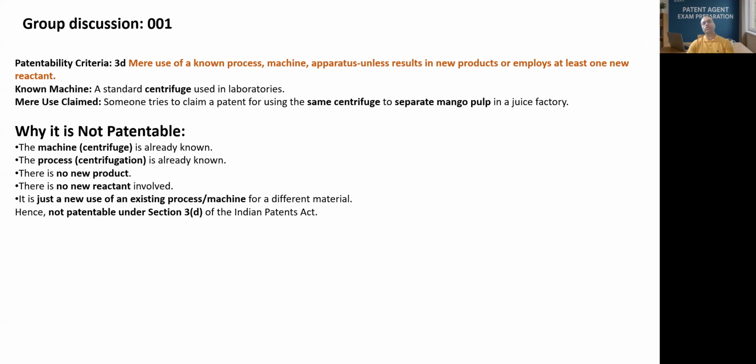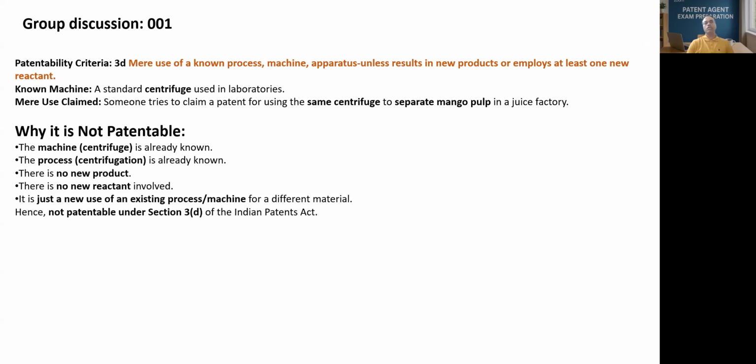Okay. So if a question comes like this, अगर क्वेश्चन पूछा जाता है, so बहुत क्लैरिटी के साथ आपका आंसर लिखना है. If you do not write with clarity, नंबर कम मिलेंगे. आपने अगर सिर्फ लिखा कि नहीं, it is not patentable, मतलब पेपर 2 में, then maybe you get less marks. But if you write like this is already known, process is known, no new product, no new reactant is involved, and it is just a new use of existing process, so therefore not patentable, you will have a chance to get good marks.